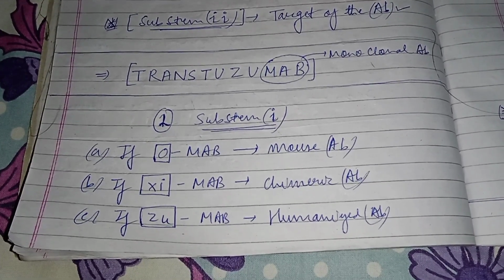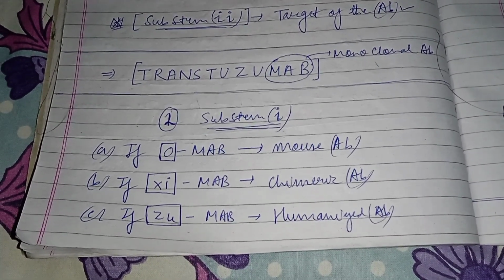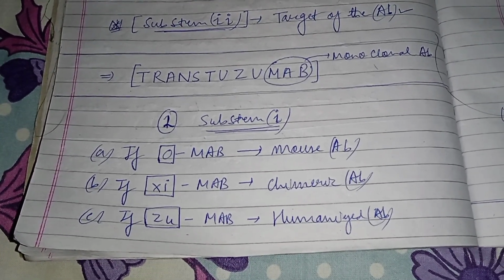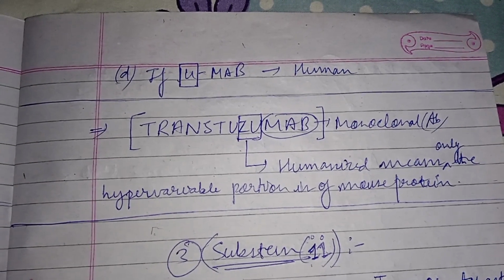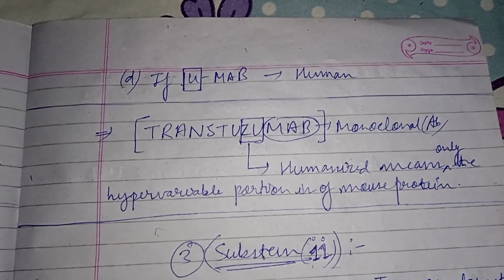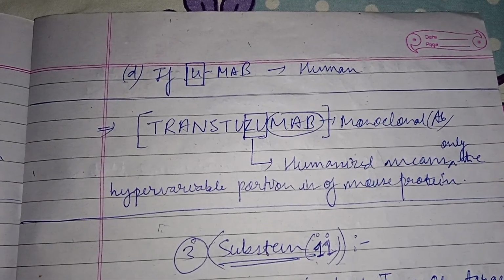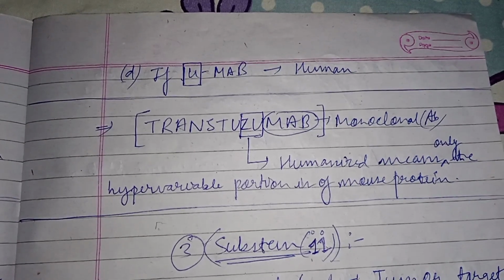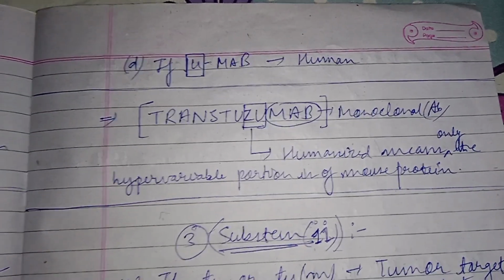If we have ZUMAB in the name, then the term ZU stands for humanized antibody. If we have UMAB in the name, then the alphabet U stands for the human antibody. We already discussed the types of monoclonal antibody in the previous video: the humanized, human, chimeric, mouse, etc.